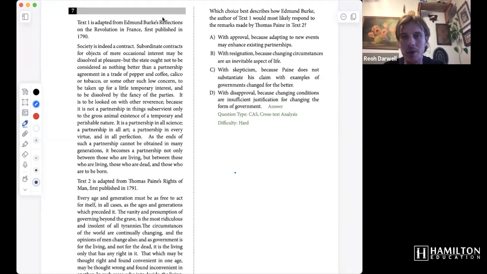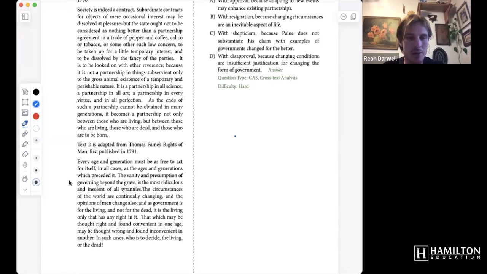So first, we would need to understand what the remarks are made by Thomas Paine, and then try to understand where Edmund Burke would respond. So I'm assuming you've already read both of these because you're watching this question. "Every age and generation must be as free to act for itself as the generations and ages which preceded it.